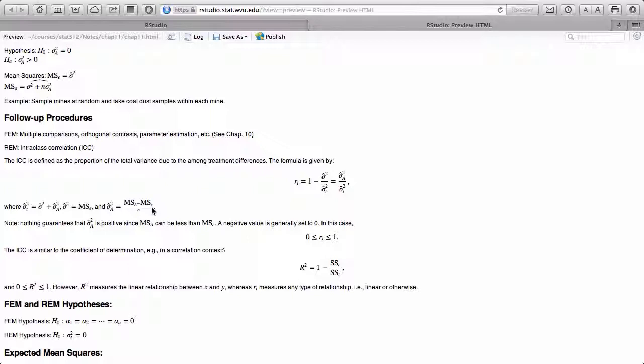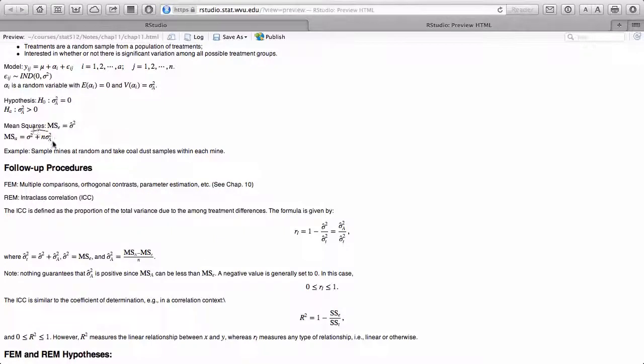You have an F-test, and that F-test goes from 0 to plus infinity. The mode is at 1, and you'd expect a value around 1 if the null is true. Because if the null is true, what you're saying is that sigma squared sub A is 0, and therefore the ratio of the numerator and denominator should be about the same, so you'd expect an F of about 1. But because of variability, F can be less than 1, which implies the mean square among can be less than the mean square error.